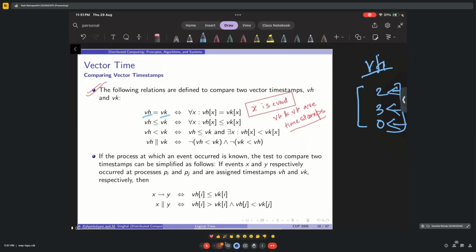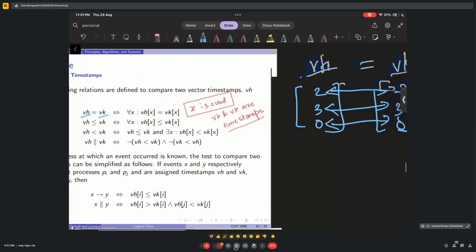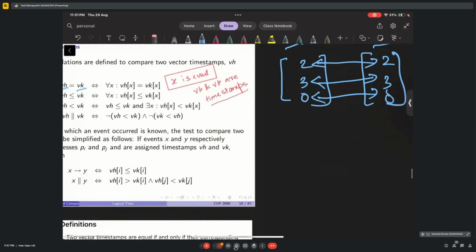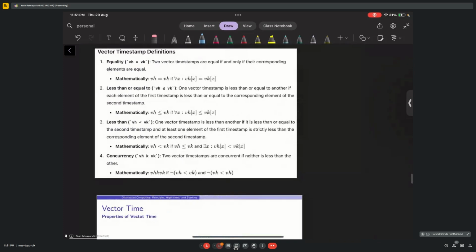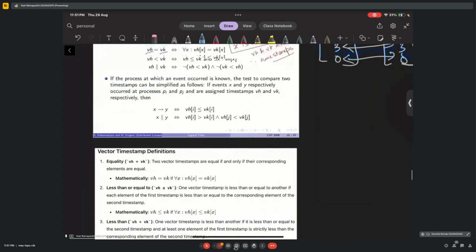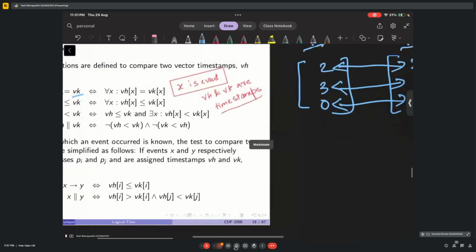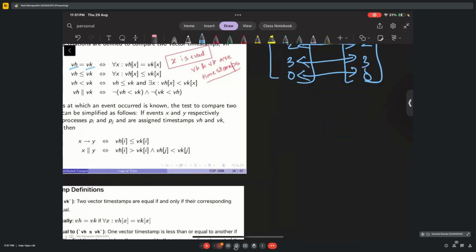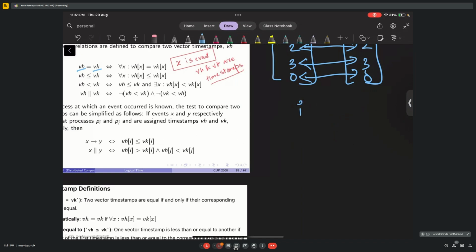Now coming to the second thing. VH less than equal to VK. What does VH less than equal to VK mean? I'll tell you. Now I'll be writing it as I and J. I represents elements of this, J represents elements of this.